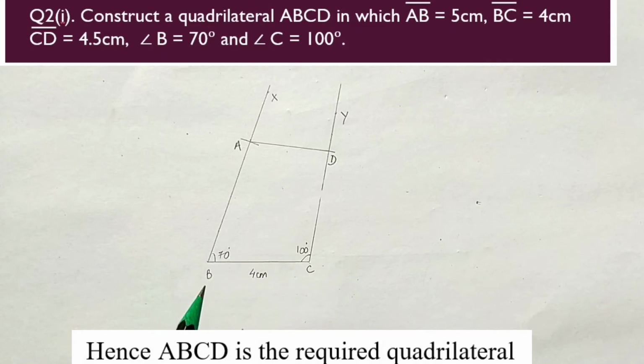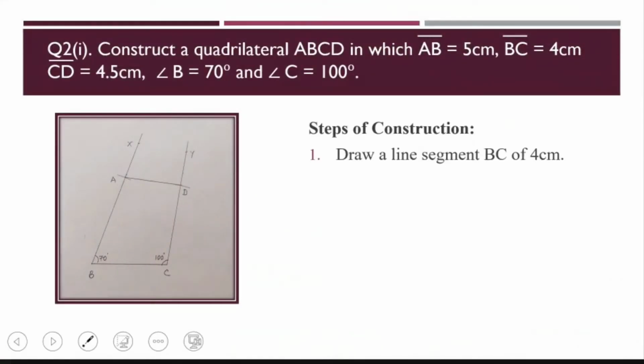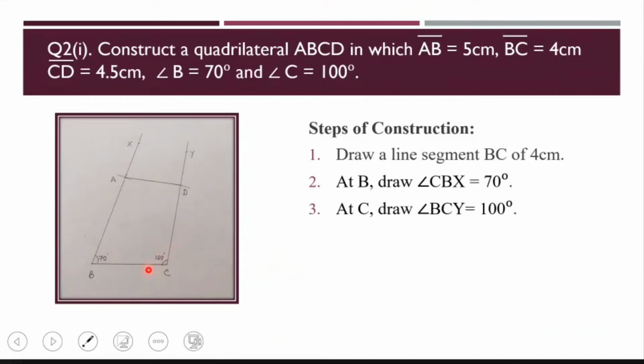So I hope the construction is clear to you. Let us revise the steps of construction. My first step was to draw a line segment BC of 4 centimeters. Next, at B, I drew an angle of 70 degrees with the protractor. At C, I again drew an angle of 100 degrees using the protractor.